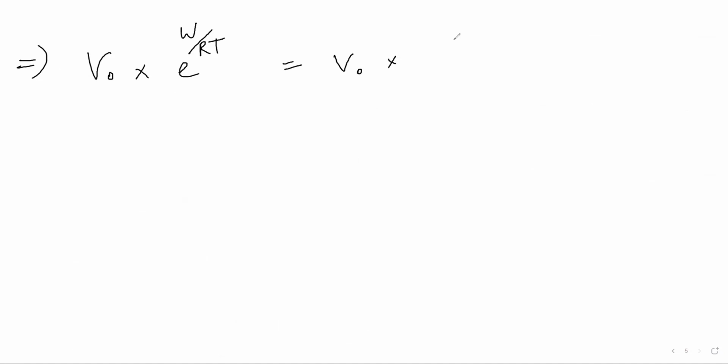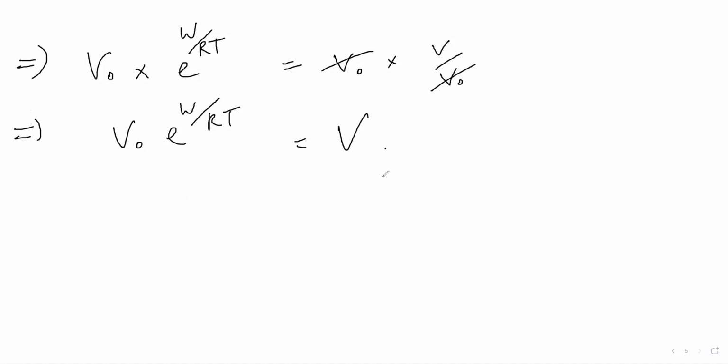On the left, we have v0 times e to the w over rt. On the right-hand side, the v0s cancel out, and we just have v. So v is equal to v0 times e to the power of w over rt. That's our solution. That's our answer.